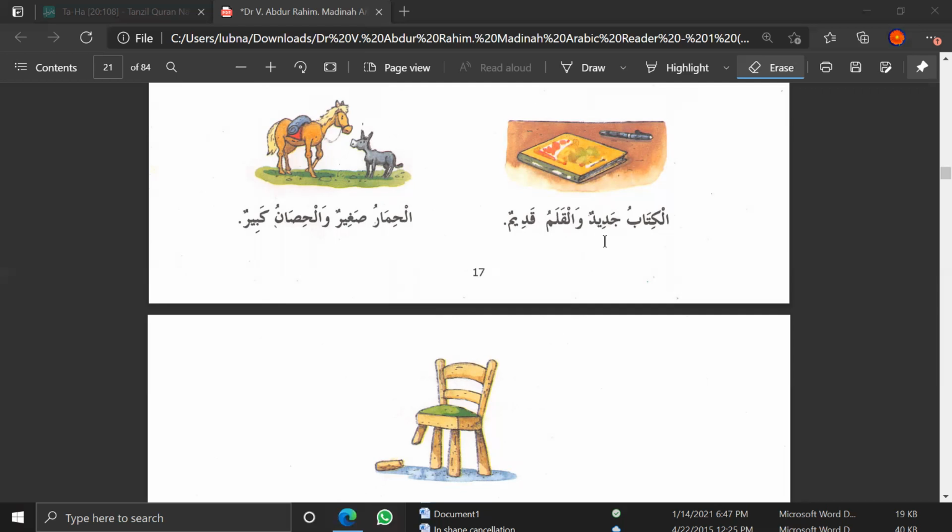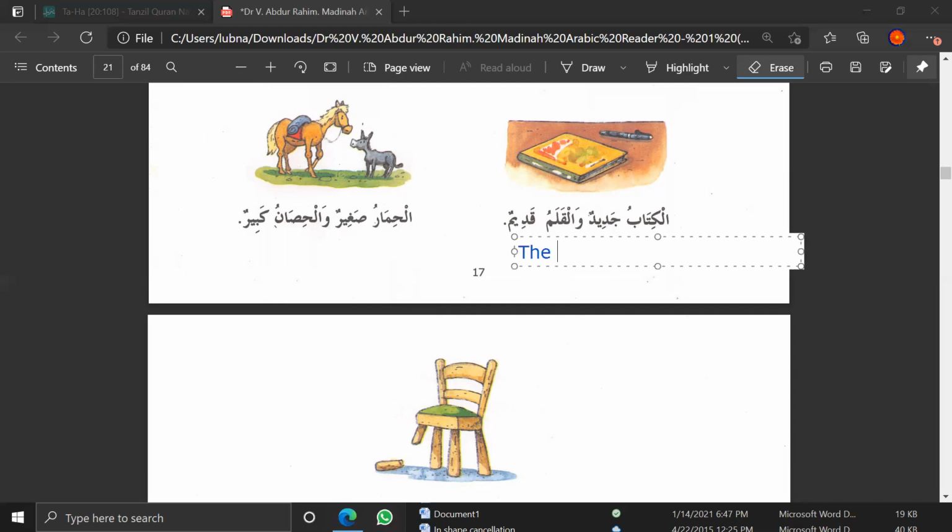Jadidun means new and qadimun means old. Qadimun means old. Al-kitab, the book is new and the pen is old.